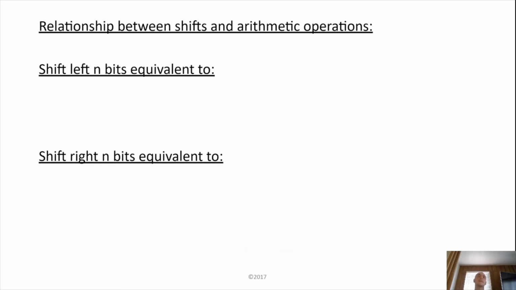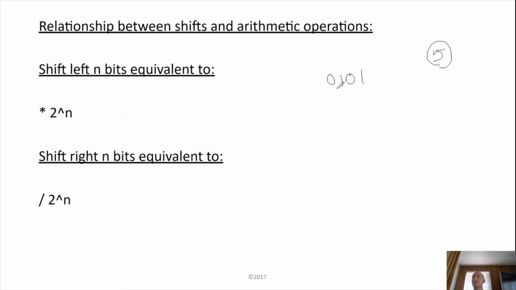And then there is another idea, which you can easily prove in math: when you're shifting to the left, it's equivalent to multiplying your number by 2 to the n, where n is the number of bits you're shifting. Let's do a very simple example. If you have 0 1 0 1, this number is 2 to the 2 plus 2 to the 0, so that's 4 plus 1, which is 5.